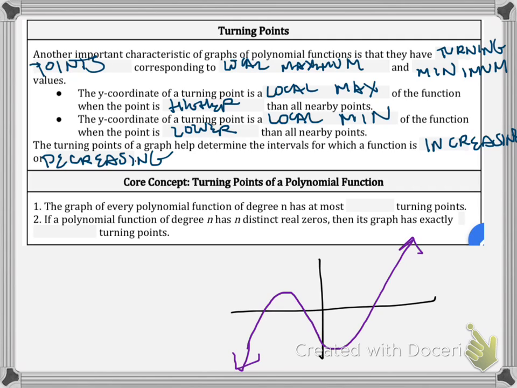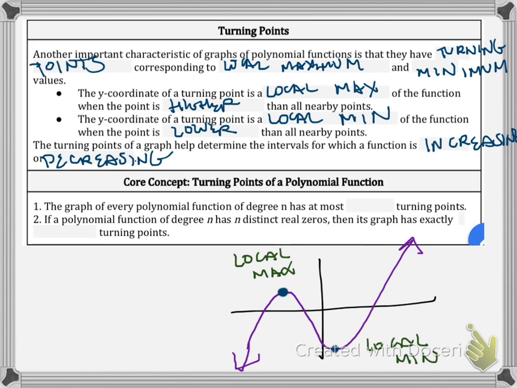Certain things that we know: this point here would be a local maximum. It's higher than all the other points around it. Then the point at the bottom here would be our local minimum point.